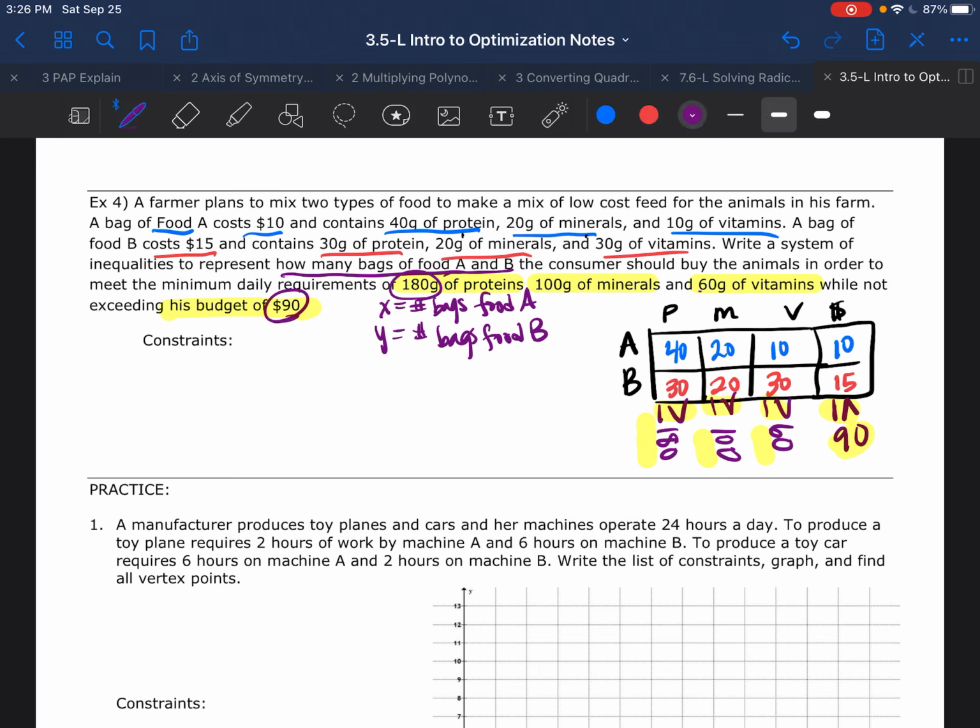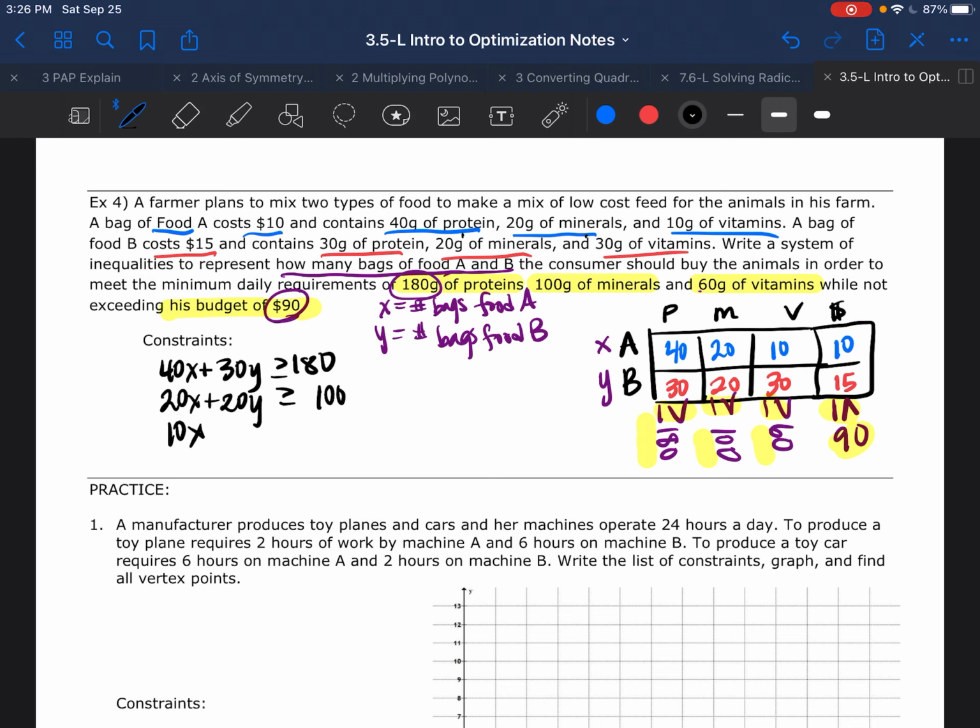And so remember we defined food A to be X, food B to be Y. And so our first inequality is 40X plus 30Y is greater than or equal to 180. That was this one right here. And then we have 20X plus 20Y is greater than or equal to 100.